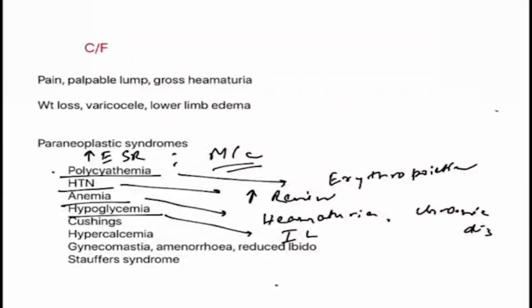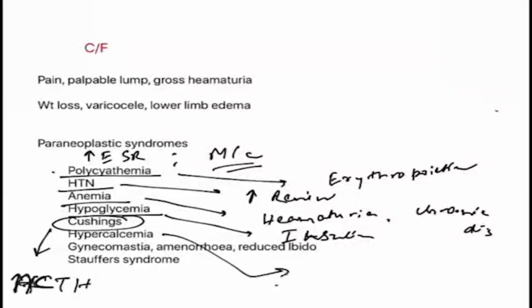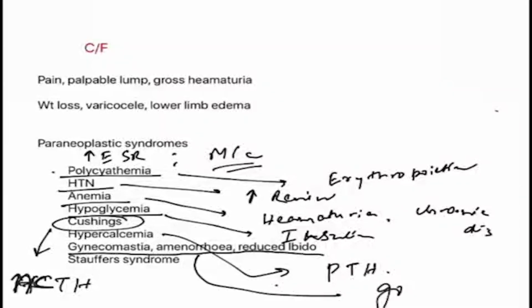Then hypoglycemia, which is due to insulin-like substance or insulin. Then Cushing's, which is due to ectopic adrenocorticotropic hormone secretion, ACTH. Then hypercalcemia, which is due to ectopic parathyroid hormone secretion.